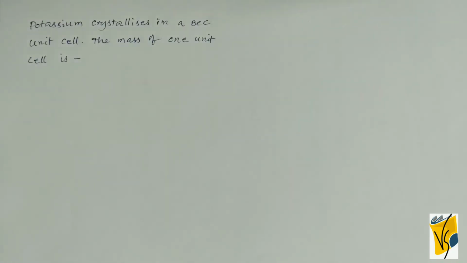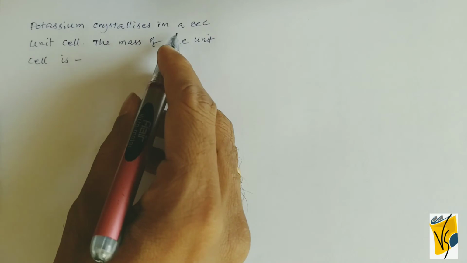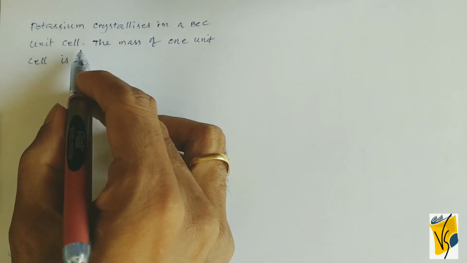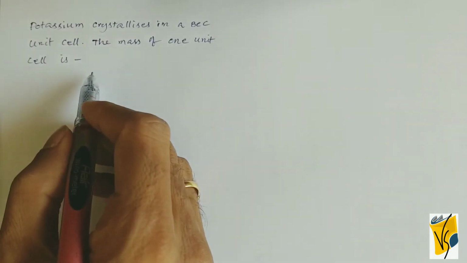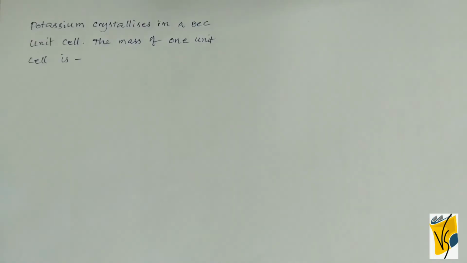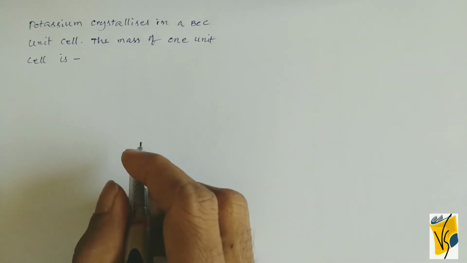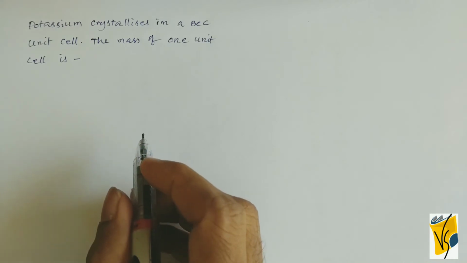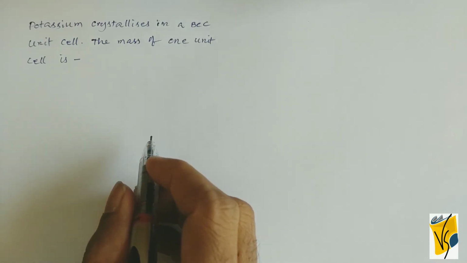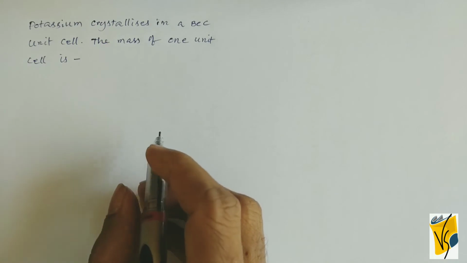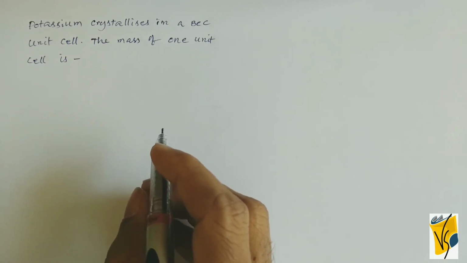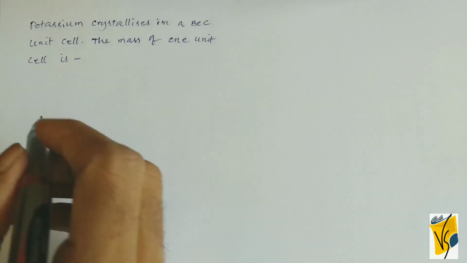Next problem: potassium crystallizes in a body-centered cubic unit cell. The mass of one unit cell is? Body-centered cubic means the atoms are present in the corners and at the center of the body. So how many atoms are there in total?